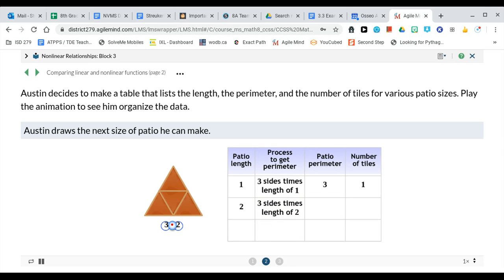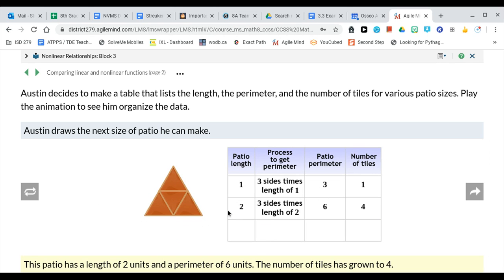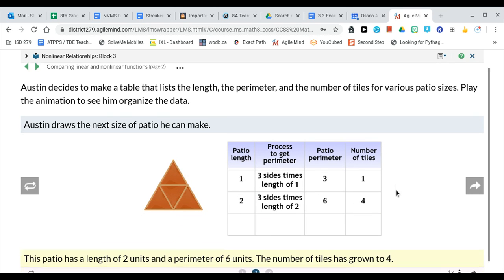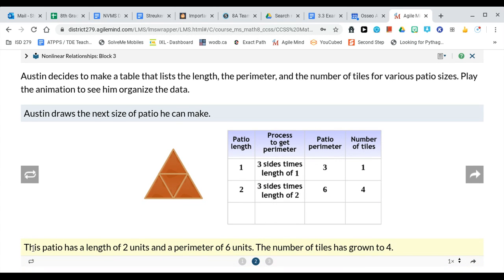So our perimeter then we get 6. Now this is where it changes. The number of tiles become 4 now instead of 2. Even though the patio length is only 2, the number of tiles is 4. So it says down here, this patio has a length of 2 units and a perimeter of 6 units. The number of tiles has grown to 4.